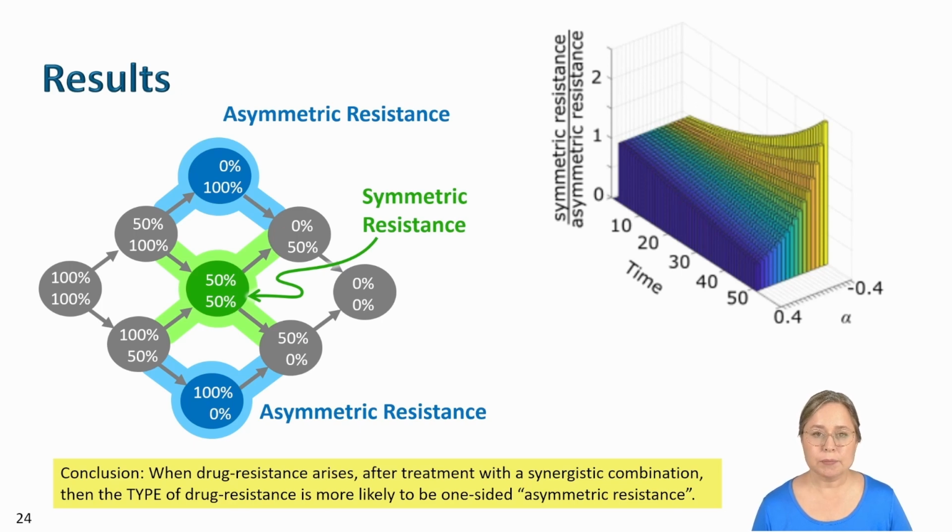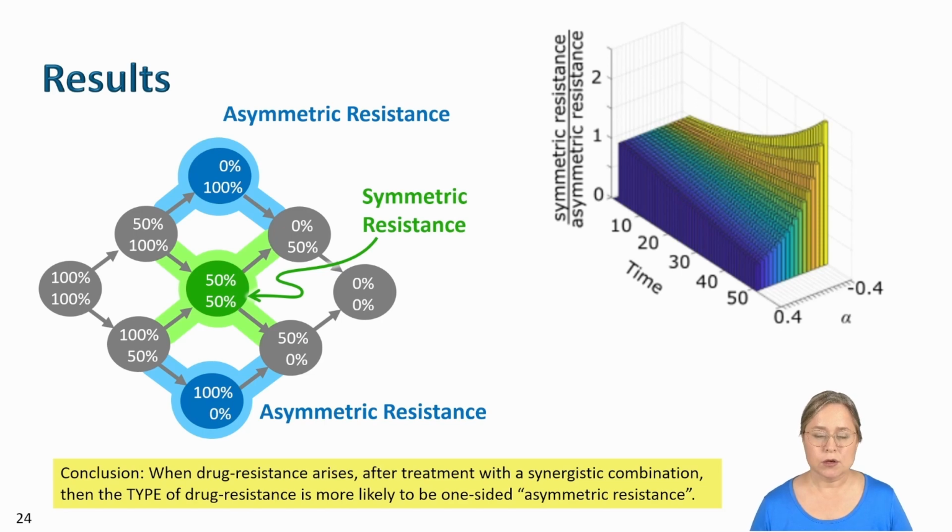We did many simulations across a spectrum of synergistic and non-synergistic combination therapies and counted how many cells were on each type of escape path, as a ratio of green to blue. That's the y-axis, which we plotted over time for synergistic versus non-synergistic combination therapies. This shows that as we choose more and more synergistic combinations, as the alpha parameter gets larger, the escape path gets more asymmetric, more one-sided against one drug than the other.